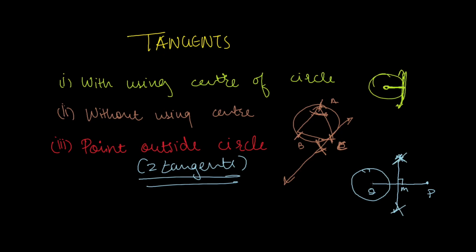Next you have to measure OM or MP. Keep the compass on M and draw a circle somewhat like this, and you will get these 2 points, we will name them A and B, and then you have to just join PA and PB. So this was the construction which we saw in today's video.